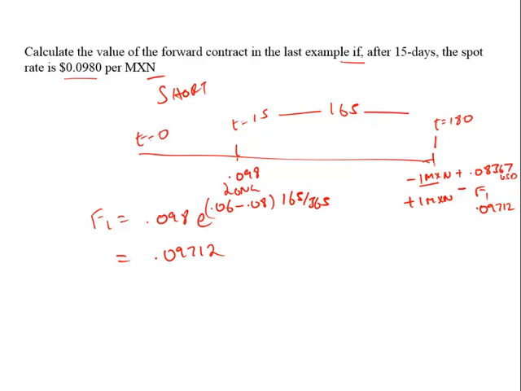To extinguish this contract, he needs to long 1 Mexican peso. To buy 1 Mexican peso, what is the forward rate now? 0.09712. So he will have to pay F1, that is, 0.09712 USD. After longing this contract, he has extinguished his position. He will short a Mexican peso for so many USD and long a Mexican peso for so many USD.